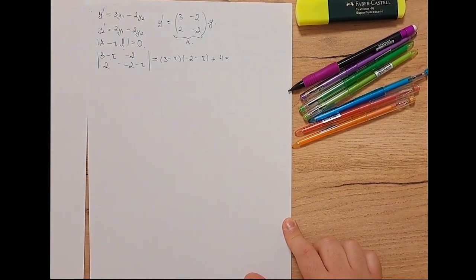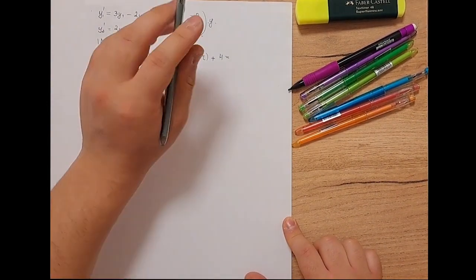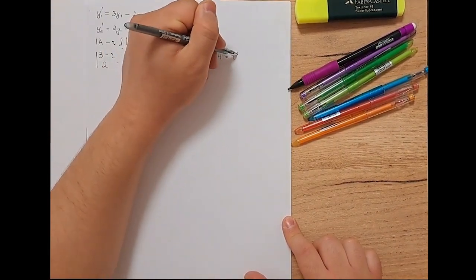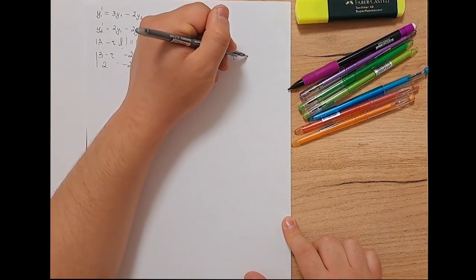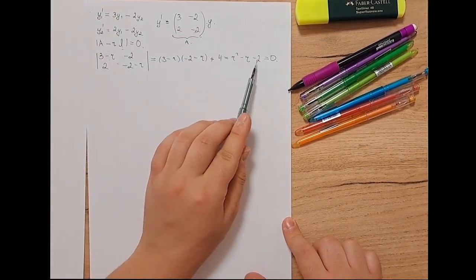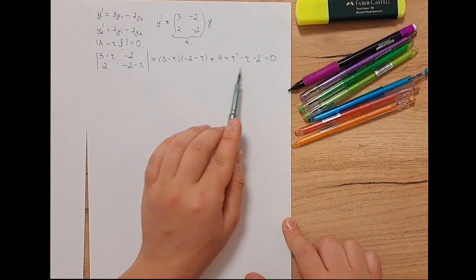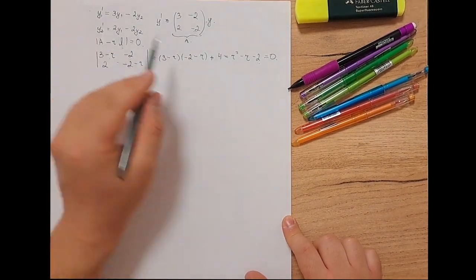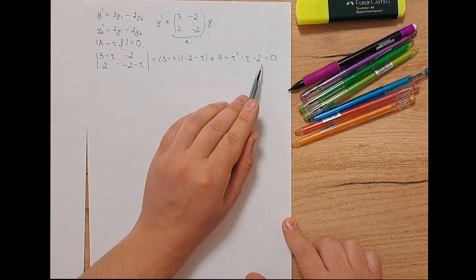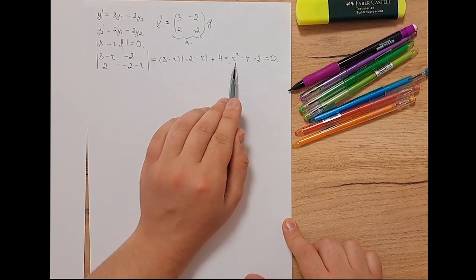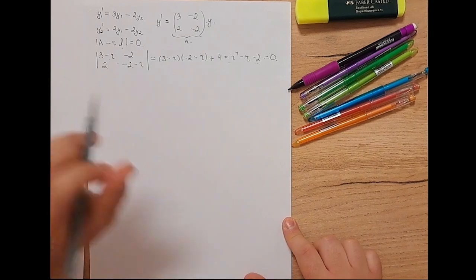And now you can see that this will be equal to r squared minus r minus 2 equals to 0. So we now have to find the roots of this equation. So I can compute the roots with the help of discriminant, but let's use Viet's theorem this time.